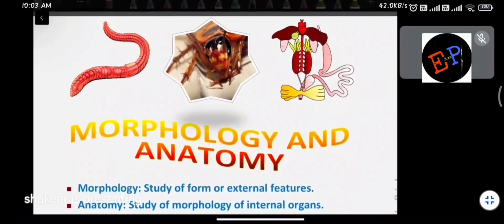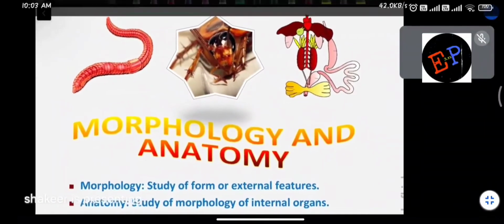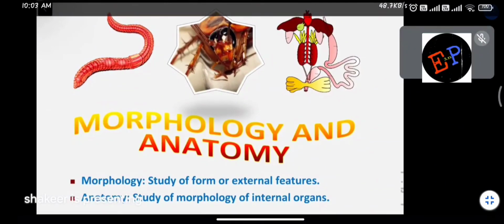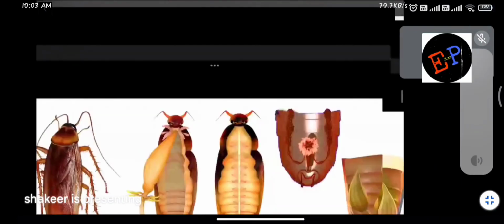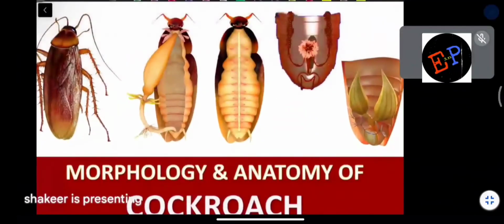Anatomy, so in this we will study about earthworm as well as frog. Clear? Okay. So sorry, cockroach and frog. Earthworm is not present.